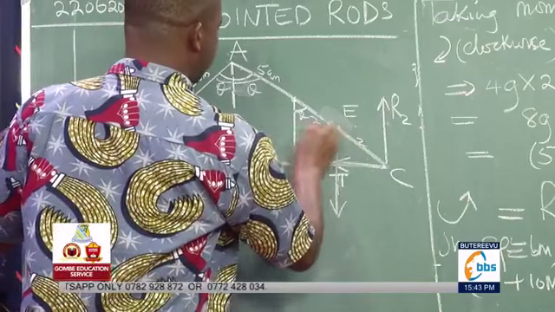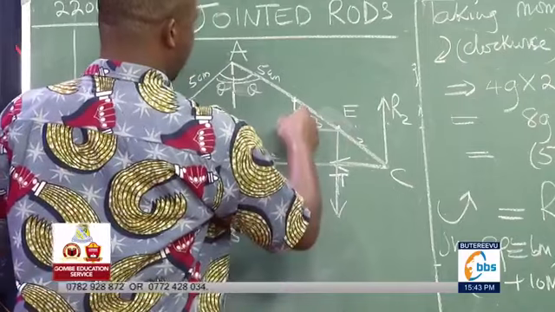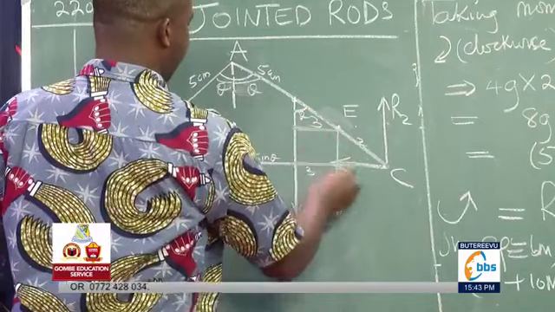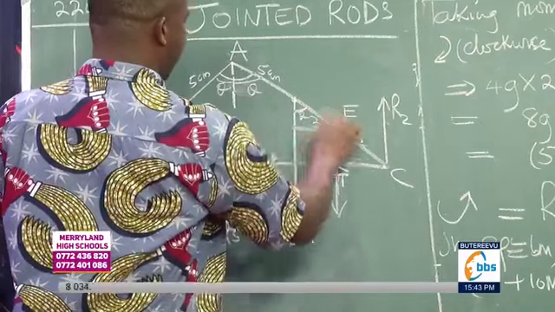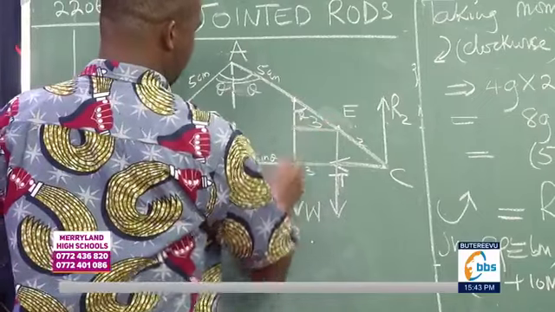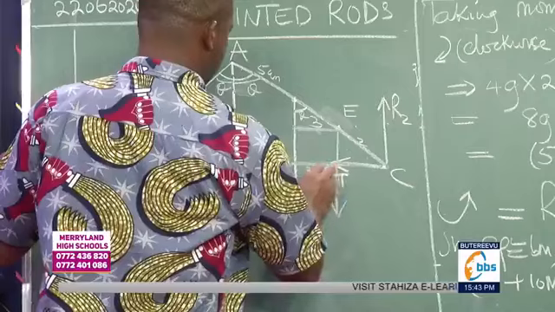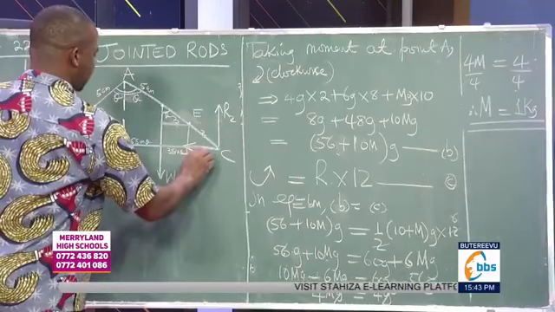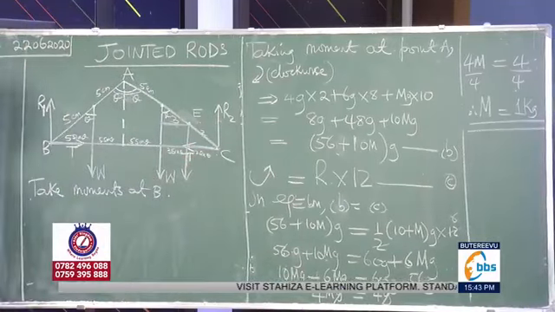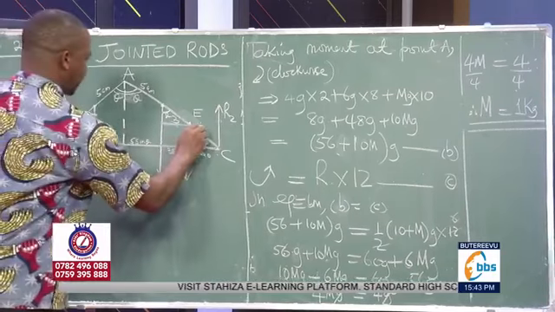If we look at this, sine theta is opposite over the hypotenuse, and we are interested in this. So since this is 3, this is 2, this is 3 sine theta, and this is 2 sine theta, because this is also theta.